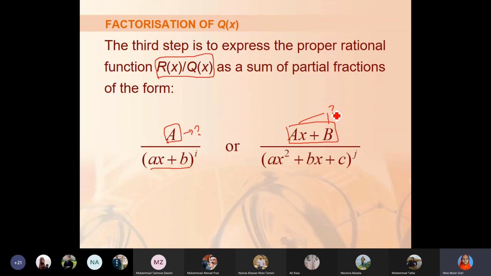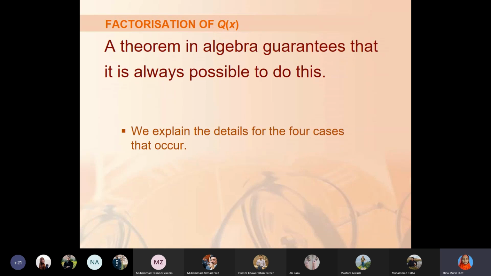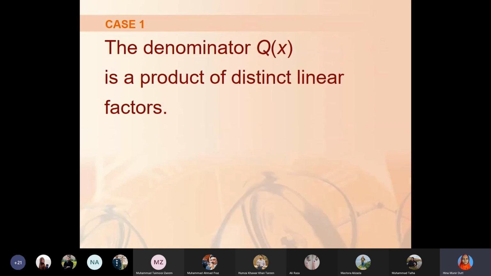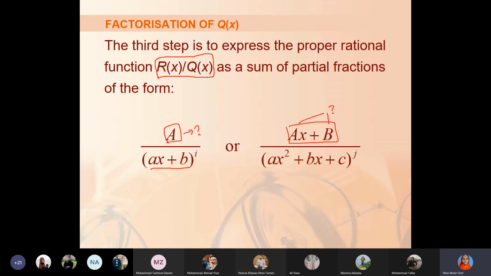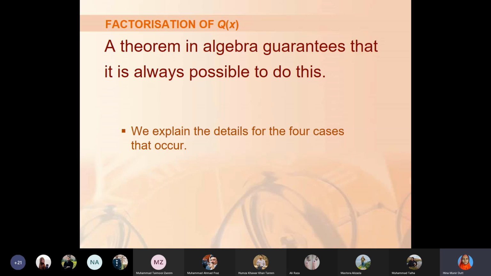Both are unknowns. So after factorizing, you write your fraction as a sum of fractions. A theorem in algebra guarantees that it is always possible to do this, that is, you can factorize it into linear and irreducible quadratic factors.